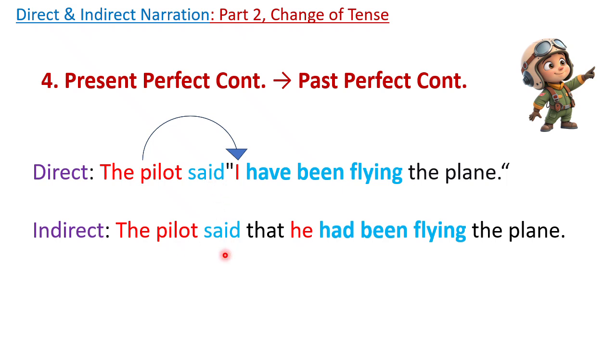The part outside the inverted commas is very strong, very few changes occur. Then when we remove the inverted commas, we write down "that", and "I" is changed according to the subject, it is here "he". "Have been flying" is changed into "had been flying", right? The plane is the plane. So this is the present perfect continuous tense which is changed into past perfect continuous tense.